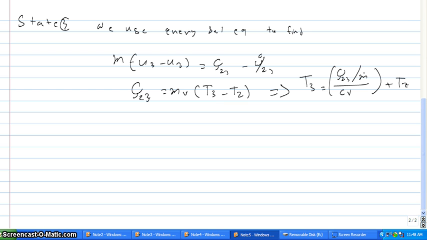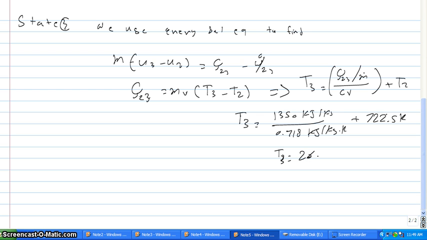Plugging all the numbers in, we get T3 equal to 1350 kilojoule per kilogram over 0.718 kilojoule per kilogram Kelvin, plus 722.5 Kelvin, and that will give us T3 equal to 2602.7 Kelvin. So we have stated T1, T2, and T3.